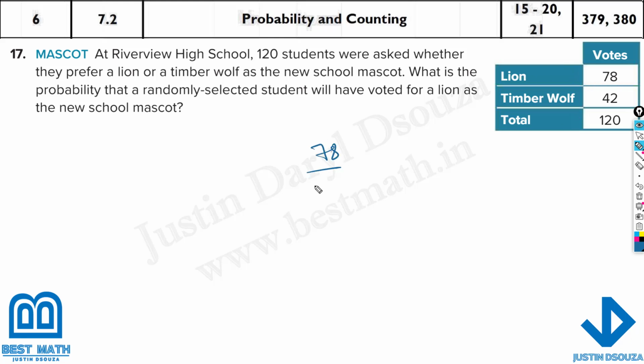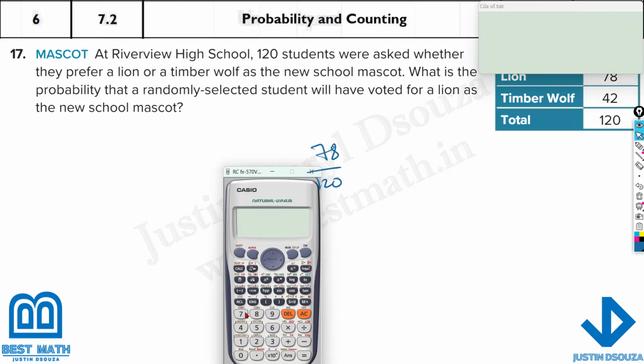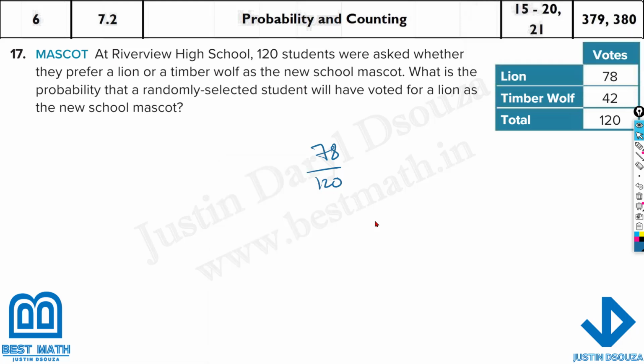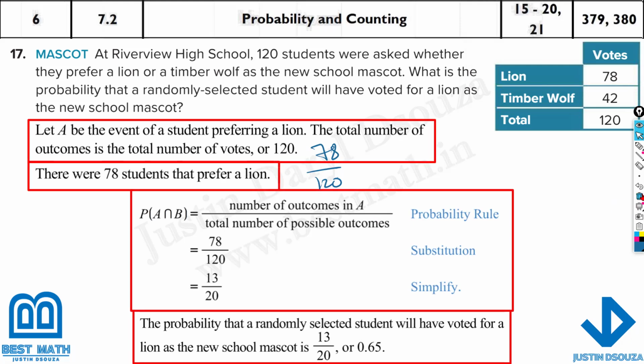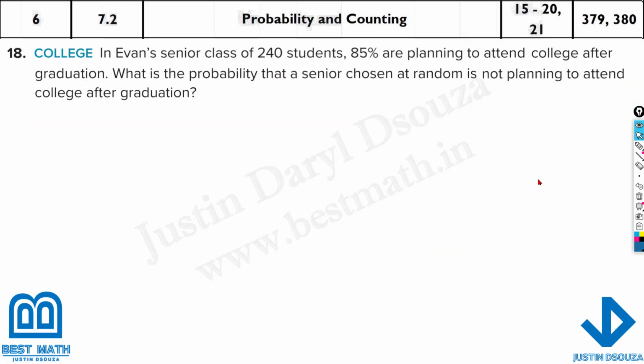What is the total number of students? 120. That's the answer. You just put it in the calculator and you will get the exact value. All we need to do is 78 divided by 120. It's 0.65, 65% if you multiply that by 100. So that's the answer here.